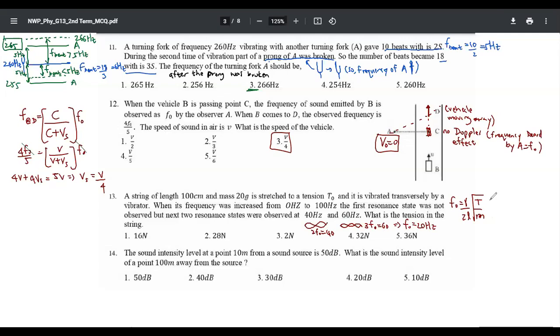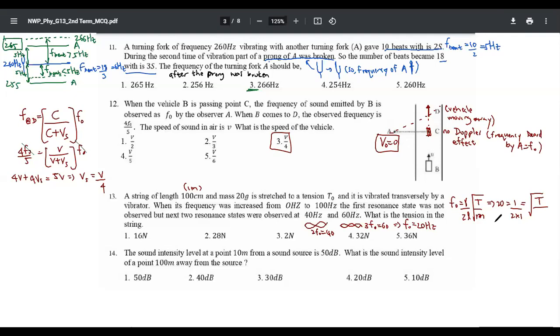So F naught, which is 20, equals 1 over 2L. 2 into 1. Why did I put 1 here? The reason for putting 1 is it's 1 meter. 100 centimeters, 1 meter. Equal to square root of T, which we have to find out, divided by mass over length.